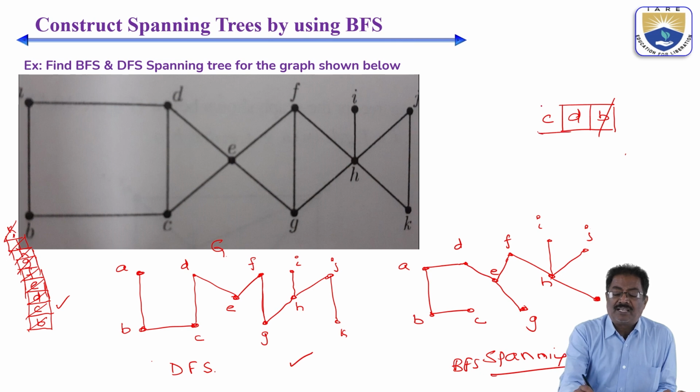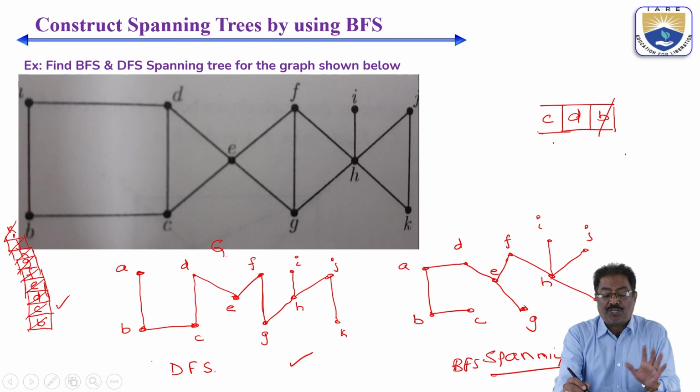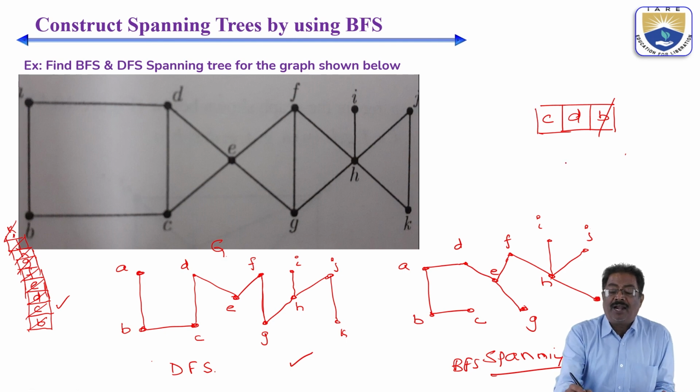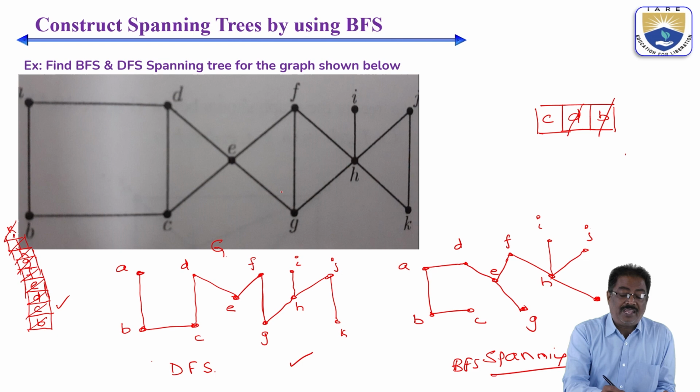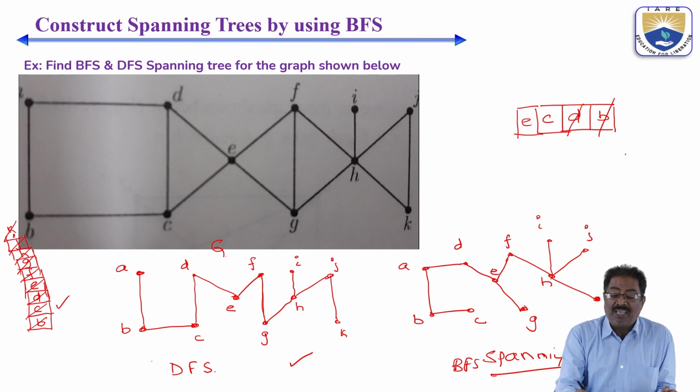So I am going to consider C, and C node we just keep into the queue. After keeping B's adjacent C, which node do we have to consider next? We have to consider D. So from that D we have to take E, and once again we keep that vertex into the queue.